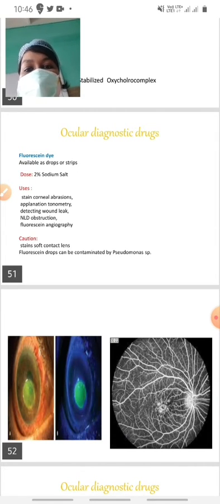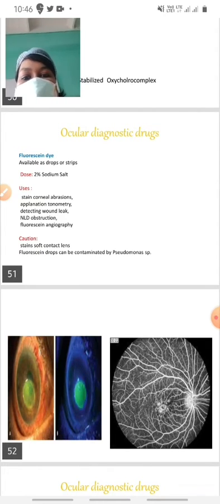So it is used to stain the corneal abrasions during applanation tonometry, and we can also detect a corneal wound leak, the NLD obstruction, and also diagnose the various retinal disorders via fluorescein angiography. But we should keep it in mind that if a patient is wearing a contact lens, we should ask him or her to remove the contact lens before we give this dye, as it might stain the soft contact lens.